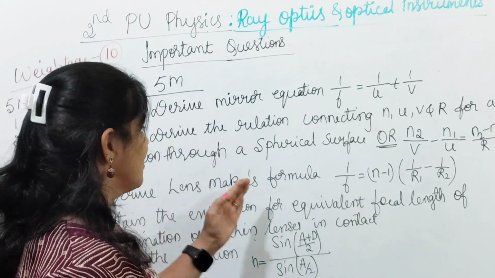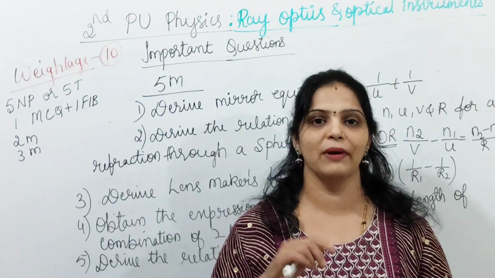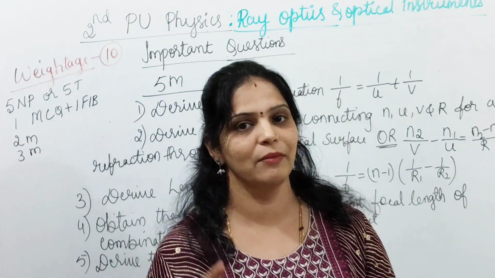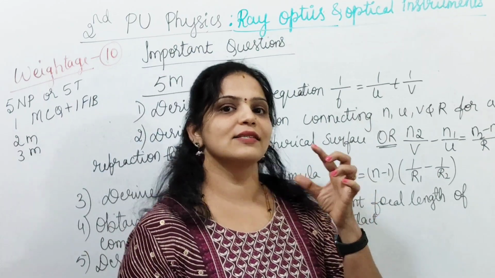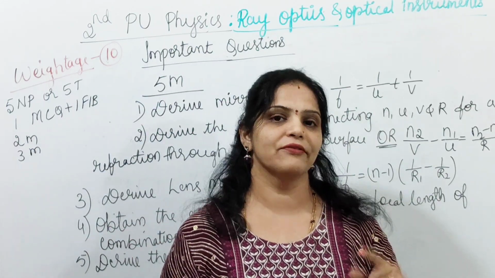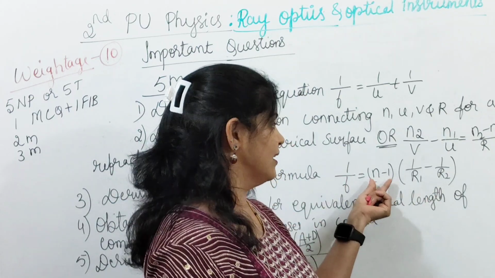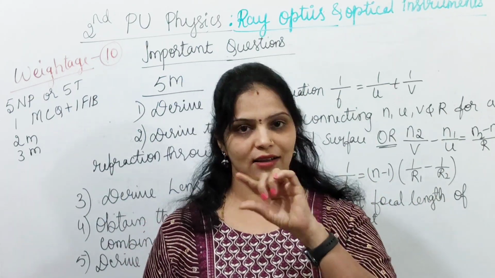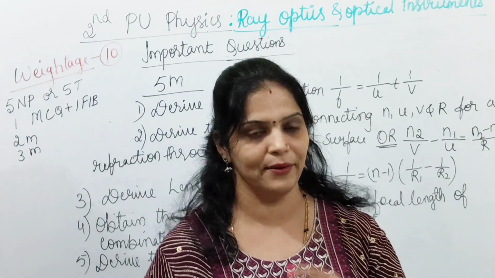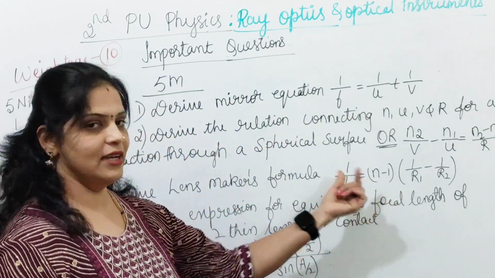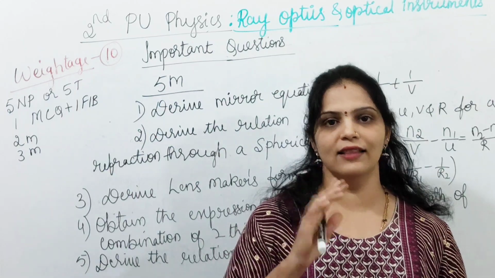The next one is to derive the lens maker's formula. The formula is 1 over f is equal to n minus 1 into 1 by R1 minus 1 by R2. Here the lens is placed in air, so the first medium is air. So n1 is 1 and n2 is n, the refractive index of the glass lens. You have to draw the diagram of the lens.